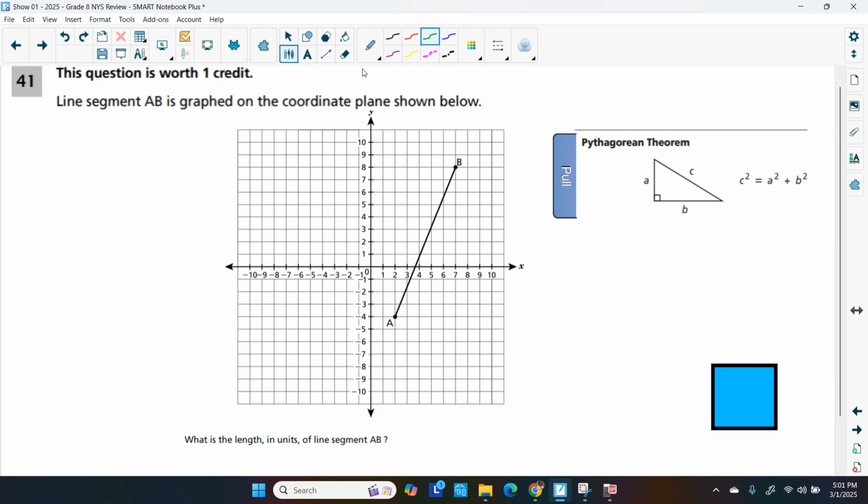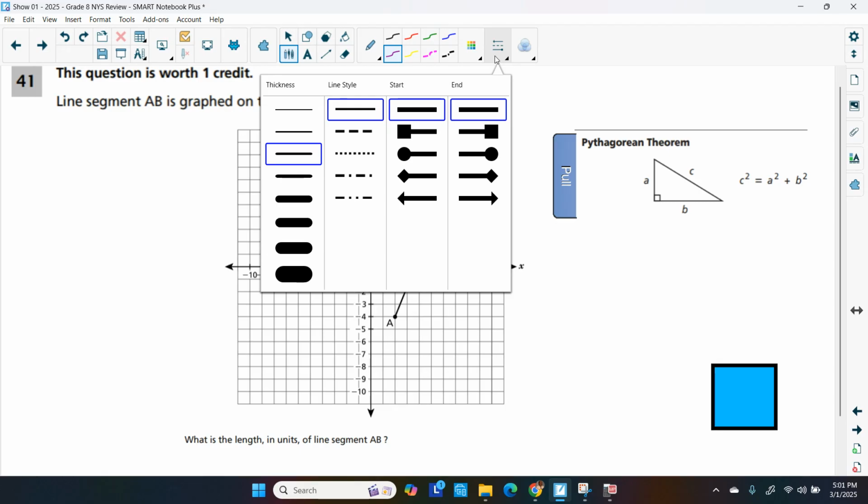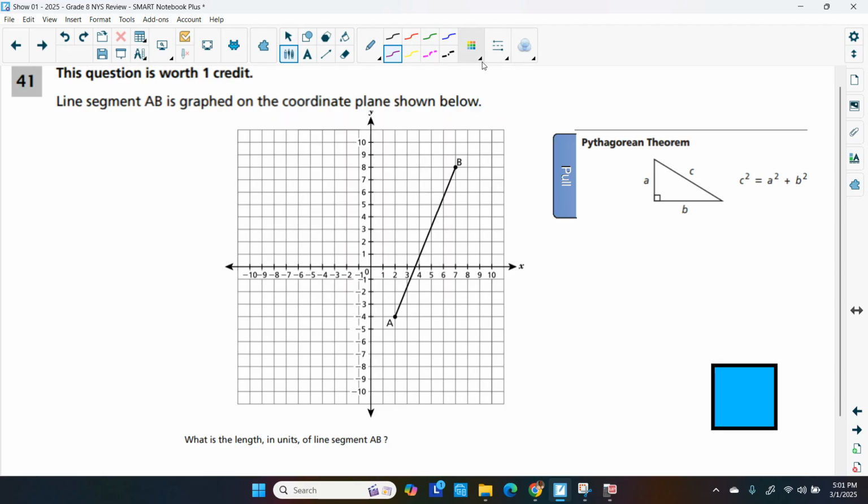So let me get my line tool. There it is. Let's see, what color is good? Purple's nice. All right.